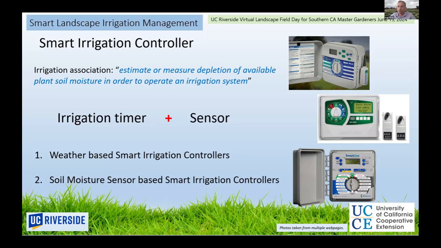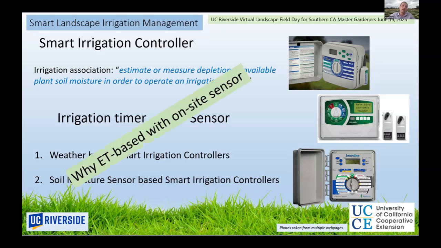We have been using some of these products in our research, but the main product that we have used is the weather-based controllers, and that's what I'm going to talk about today. My personal opinion after 7-8 years of research on these products is that both types are great, but ET-based with on-site sensors is what I recommend for our region, inland Southern California.